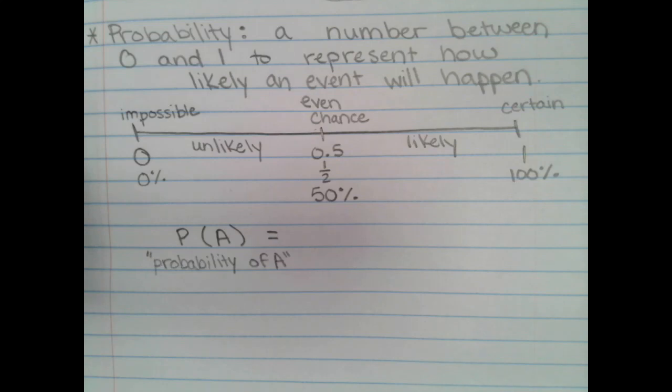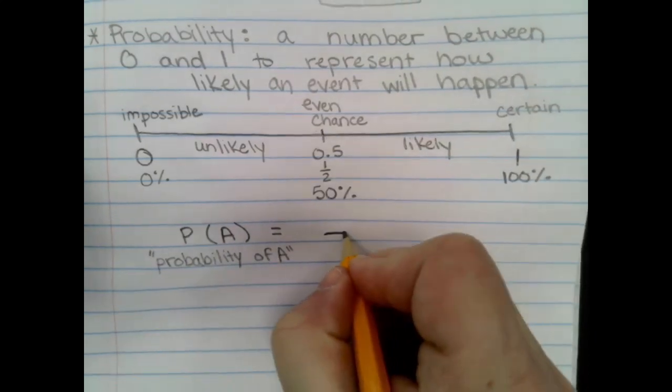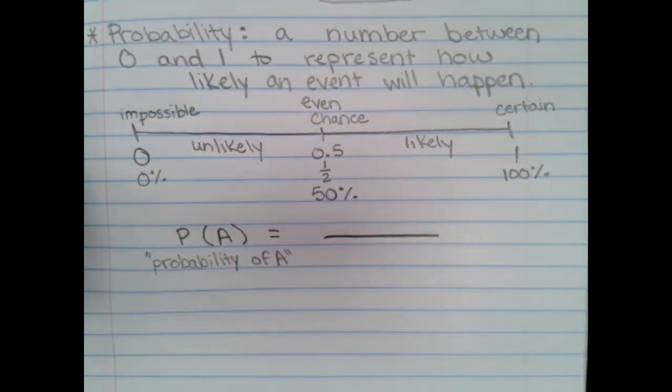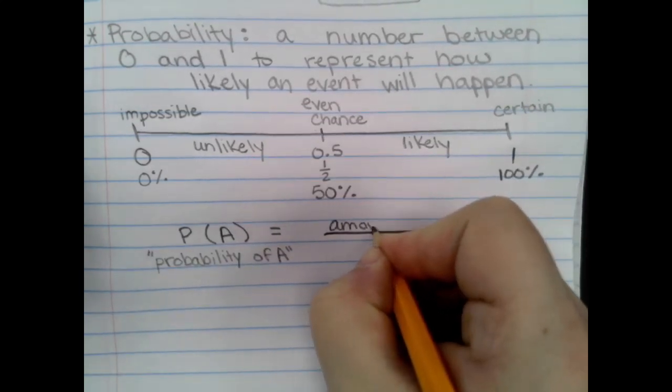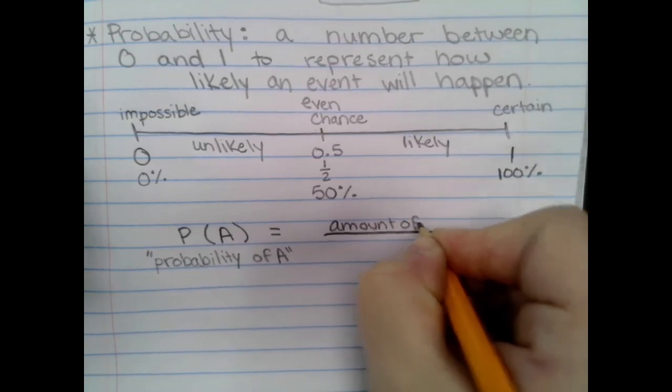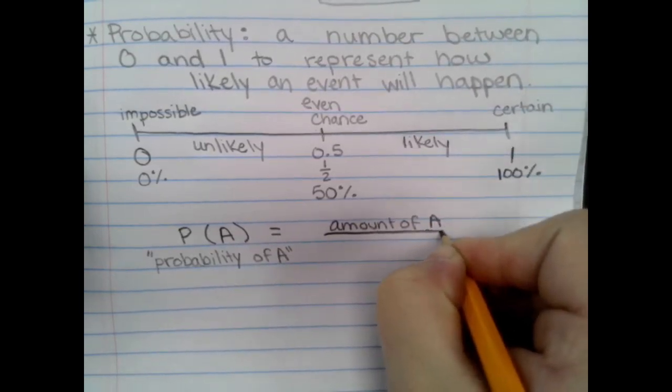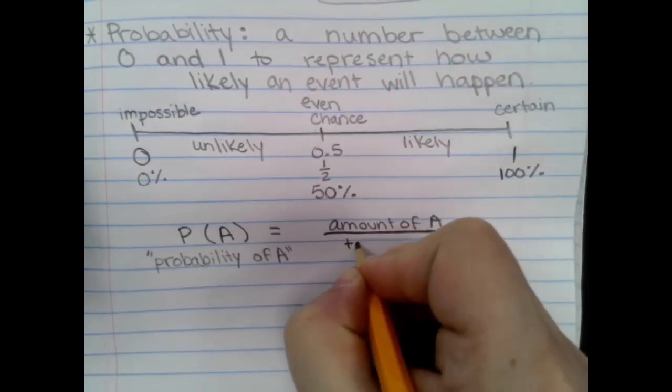And then to find the probability, we do how many times A happens, so the amount of A, and we write it as a fraction over our total amount.